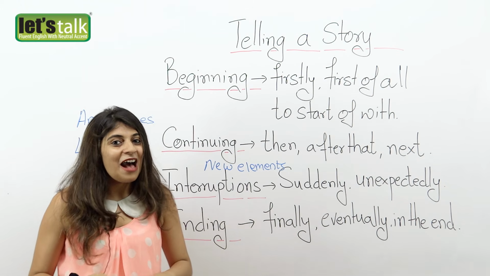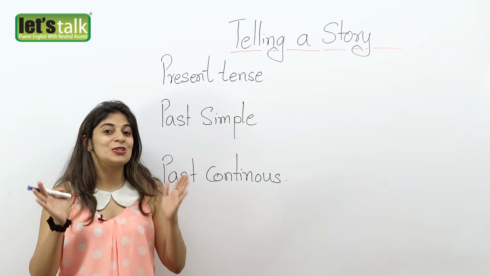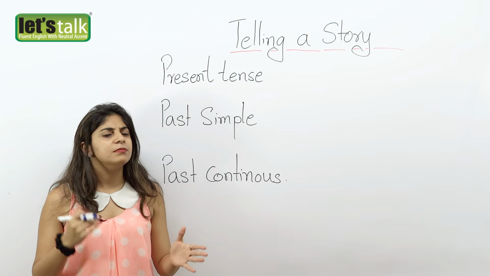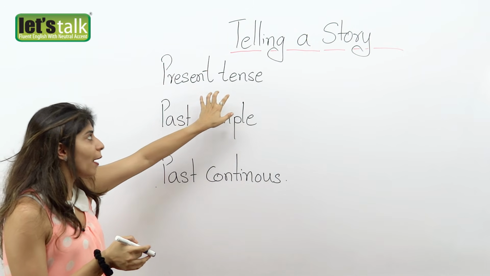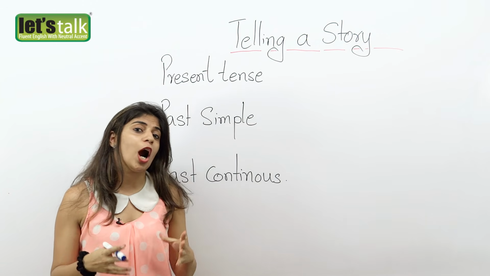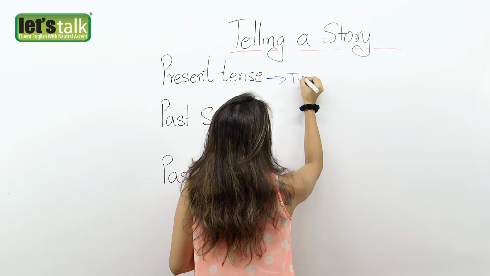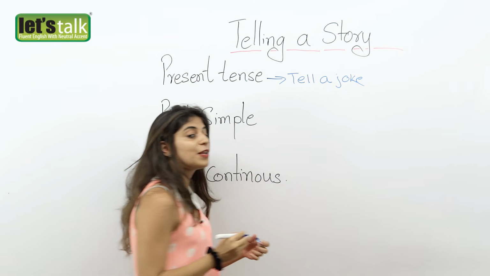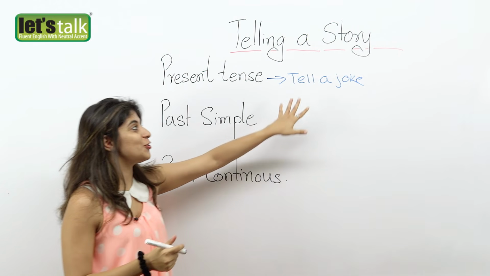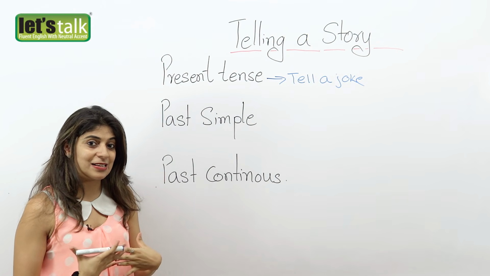Now let's have a look at the tenses that you use to tell your story. The tenses that we use to tell a story are most commonly the past tense, but we also use present tense, especially when you are telling a joke. Usually when you are telling a joke, we prefer saying it in the present tense.